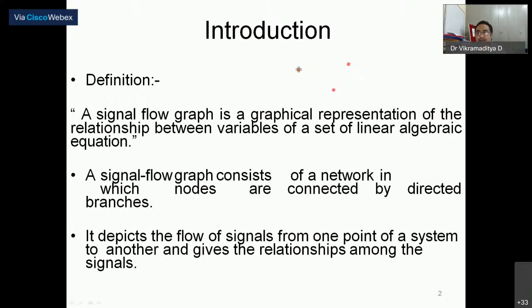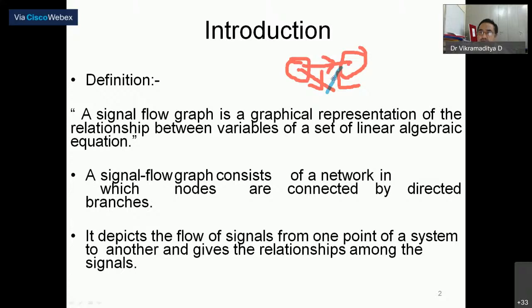If I connect these nodes by these lines, then each will become a branch. Similarly, I connect like this and like this. And I have to put a direction. The direction will indicate in which direction my signal is moving. So these are the different nodes. This is one node, this is the second node, and this is the third node.